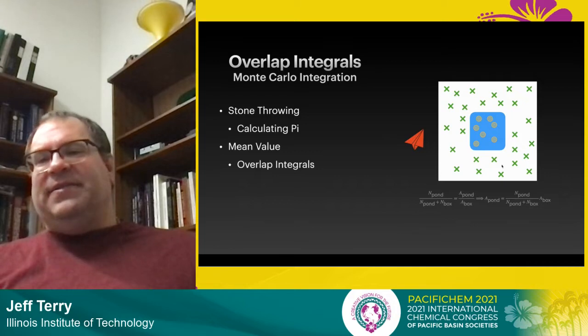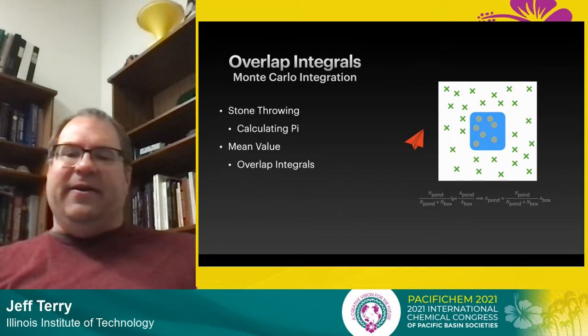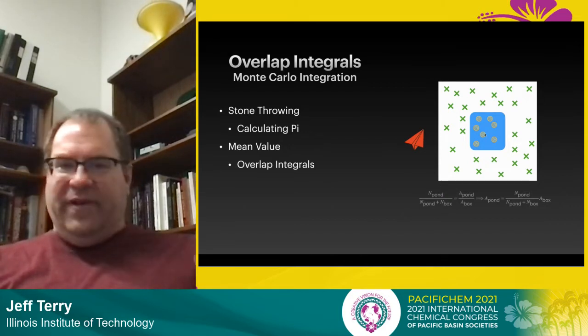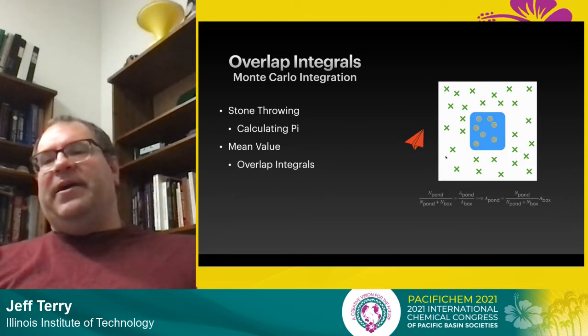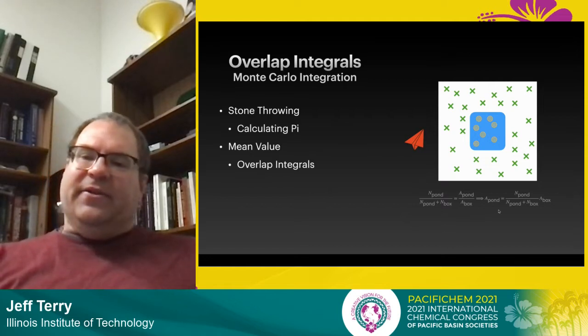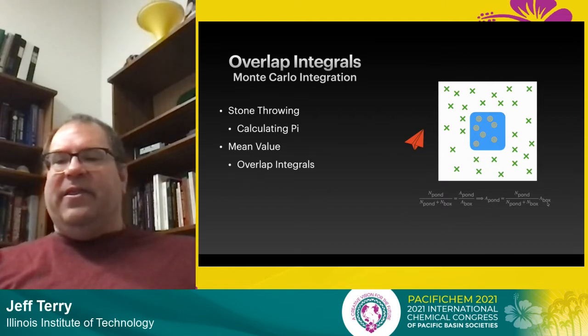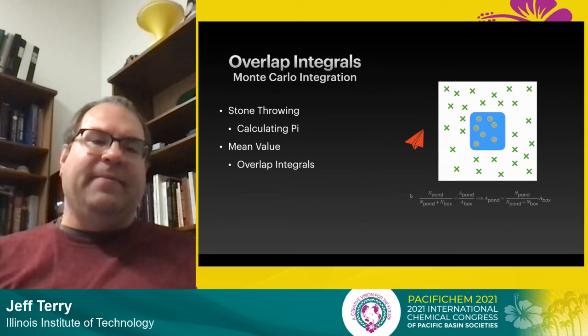If it lands outside, you don't count it. And so the area of our pond divided by the area of the box is equal to the number of objects we throw that land in the pond divided by the total number that we throw. So the area of the pond is the area of the box times the fraction that end up inside the pond.